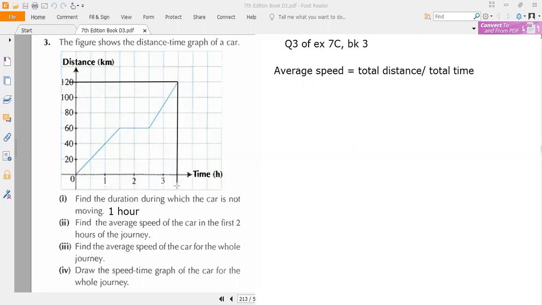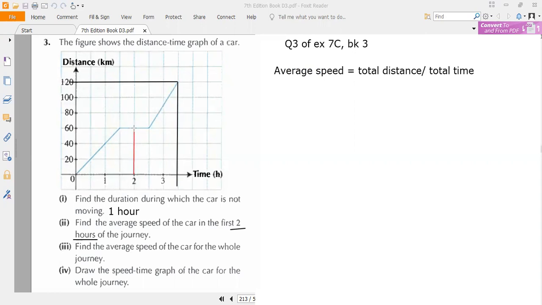But the problem is that they are not asking for 3.5 hours. They are saying in the first 2 hours, how much distance was covered. So right now I will not consider this black line which I have drawn here. I will see for the first 2 hours.